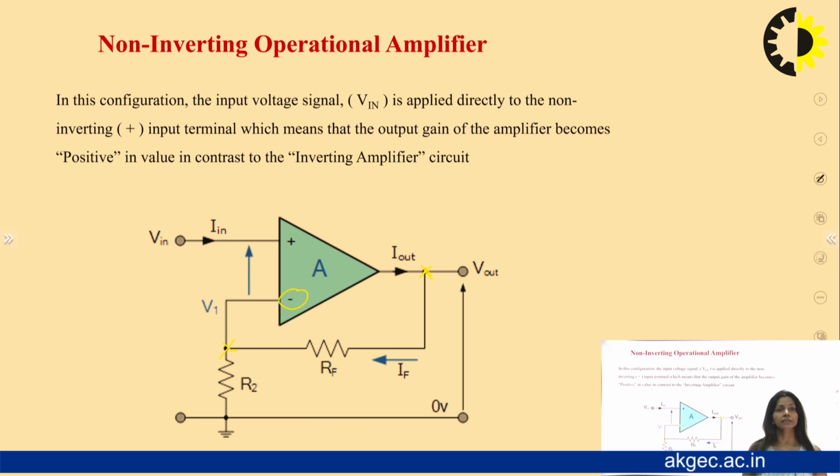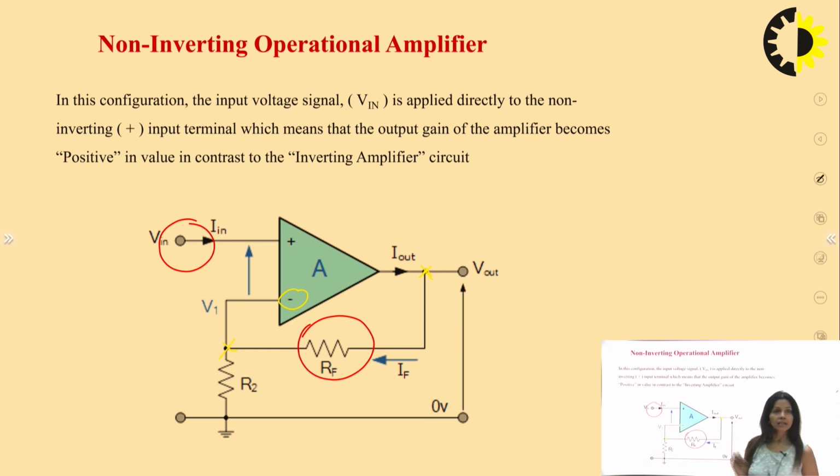If it is connected, then we can proceed. This time the input voltage is applied at the positive terminal, and the feedback resistance is given at the negative terminal. So my first condition is satisfied, and I can proceed with the numerical.